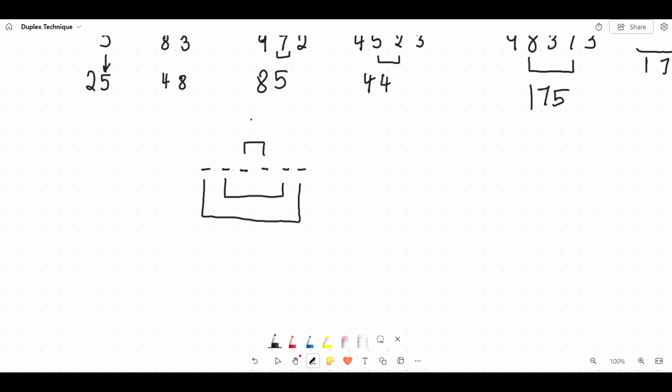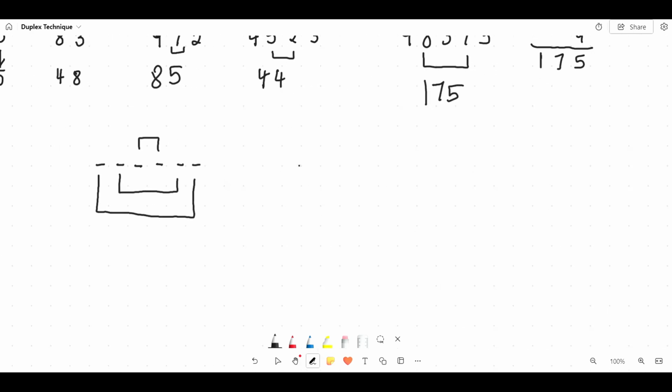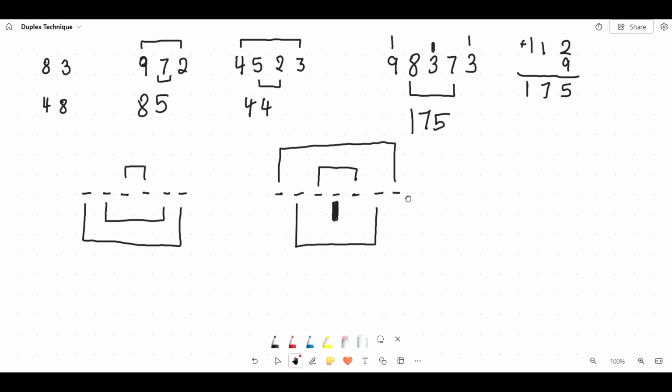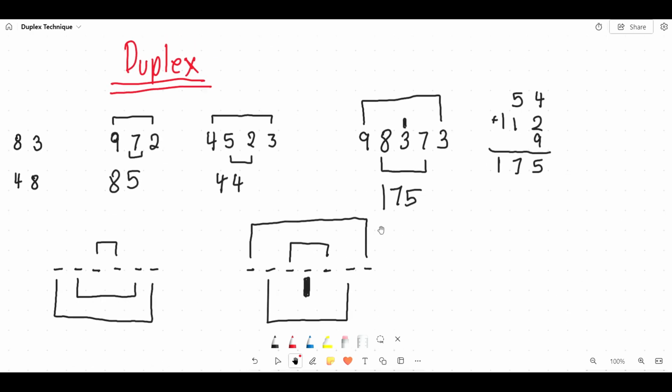Multiply them with each other, double them, and add all the three duplexes to get your final duplex of the whole 6-digit number. And for 7-digit number, as you probably would have guessed, outer digits first, then these digits, then these digits, and then this one you square it.